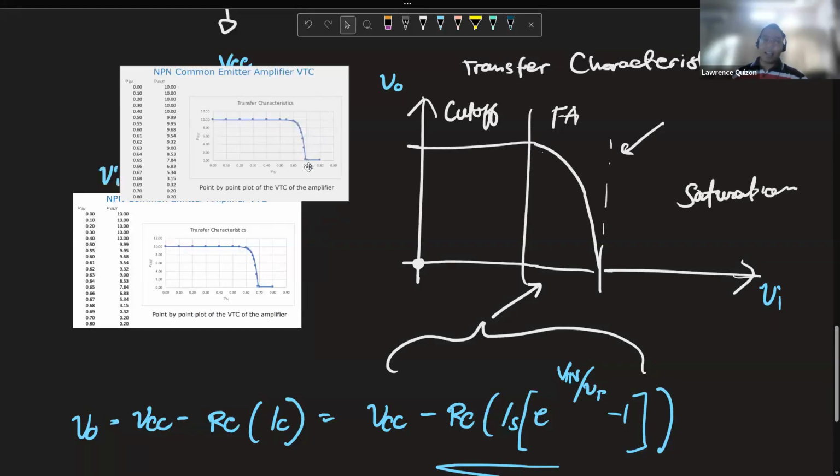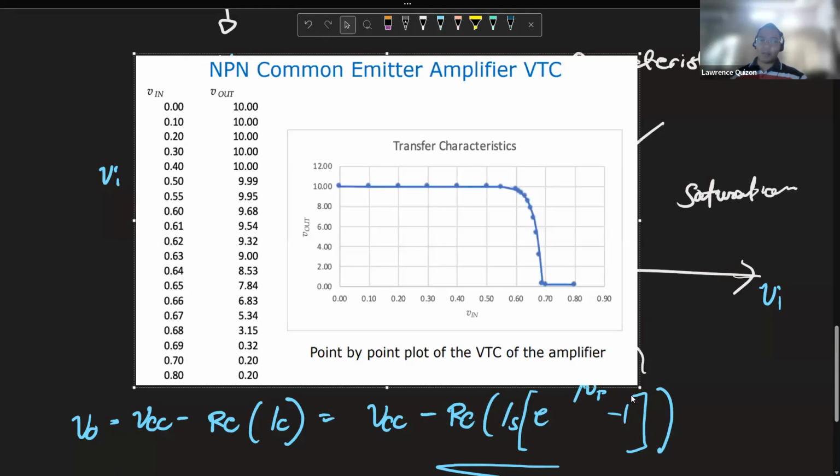Diba? And let's look more into what goes into the curve. So, as we get closer to 0.7, of course, cut off yung transistor most of the time. And then it slowly starts turning on as it nears 0.7. So this is your VTC.